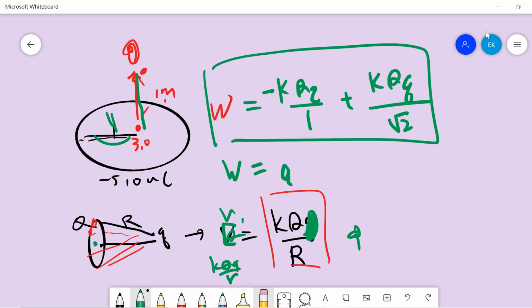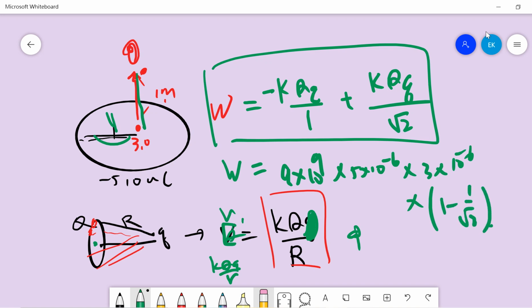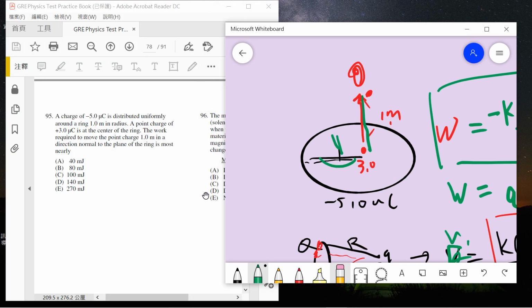So k is 9 times 10 to the 9th, and 5 times minus 3, 3 times minus 6, and times 1 over square root of 2. Okay, and the answer is close to this one, 39.5 times 10 to the negative 3. So the answer is A. The answer is A.